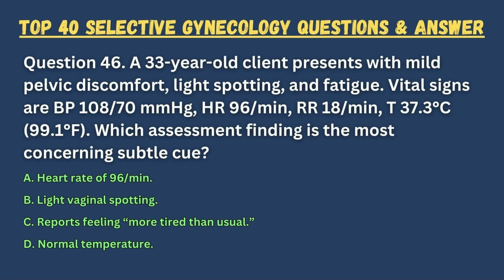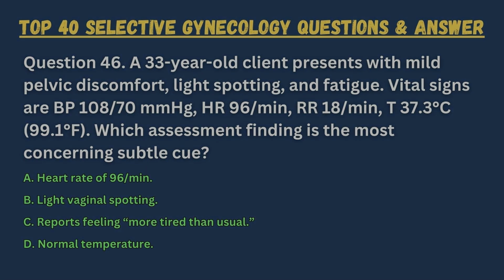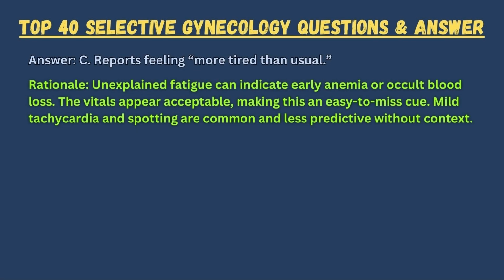B. Light vaginal spotting. C. Reports feeling more tired than usual. D. Normal temperature. Answer: C. Reports feeling more tired than usual. Rationale: Unexplained fatigue can indicate early anemia or occult blood loss. The vitals appear acceptable, making this an easy-to-miss cue. Mild tachycardia and spotting are common and less predictive without context.